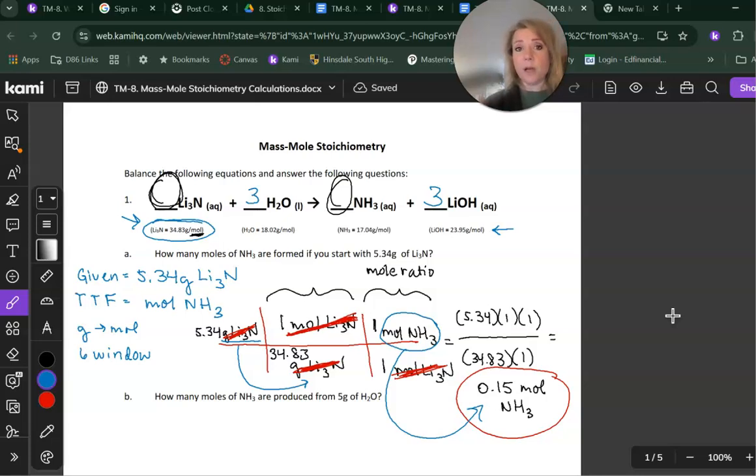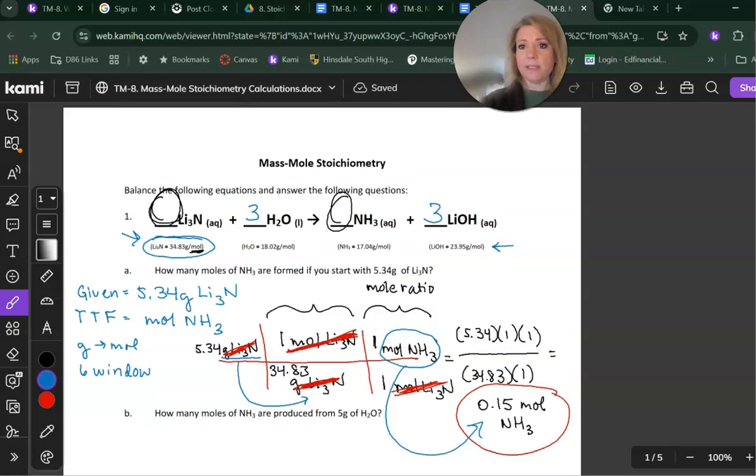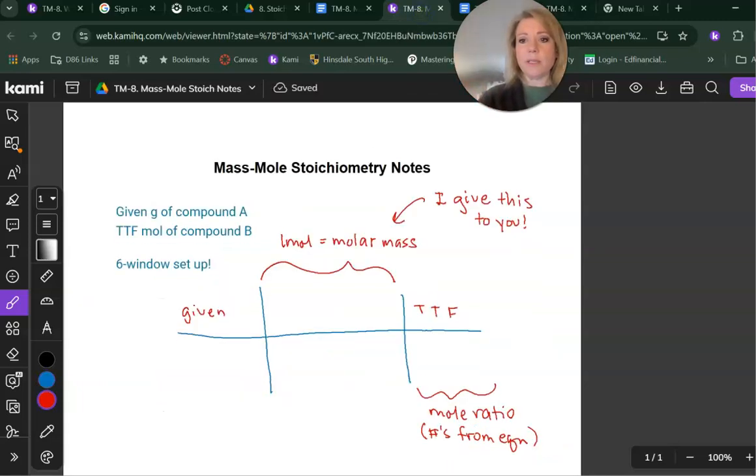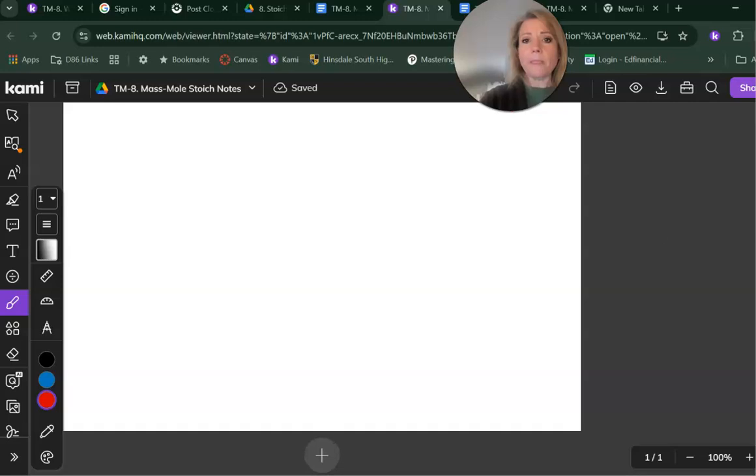But before we go, I just wanted to clarify something for you really quickly. So I'm going to go back to my note sheet here. So we've learned how to solve a couple of different kinds of problems using the mole ratio. When you are given, and then let's just put trying to find over here.